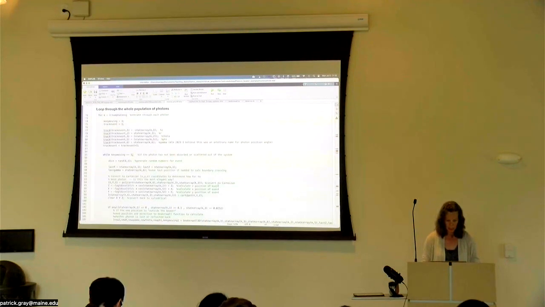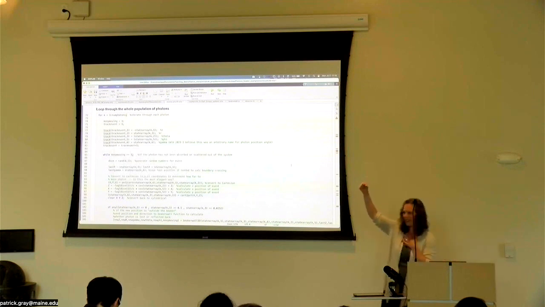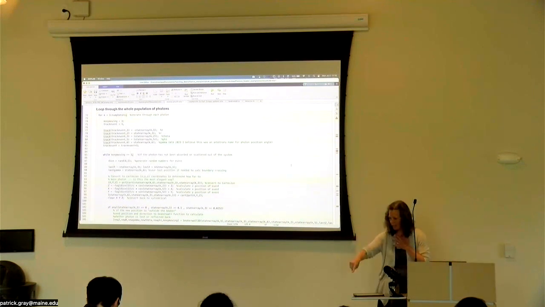So we're going to loop through again. I'll stop for a second and point out one thing, which is that in order for me at the time to figure out how to move the photons through real Cartesian space, I was keeping track of them in polar and cylindrical coordinates, right?